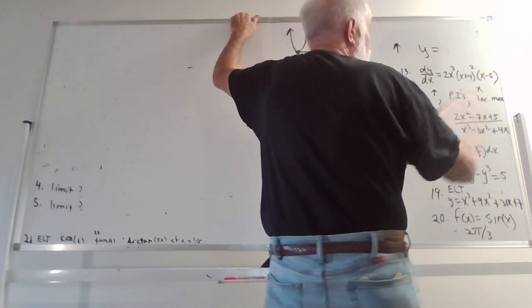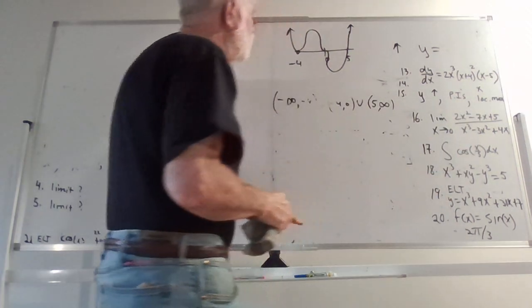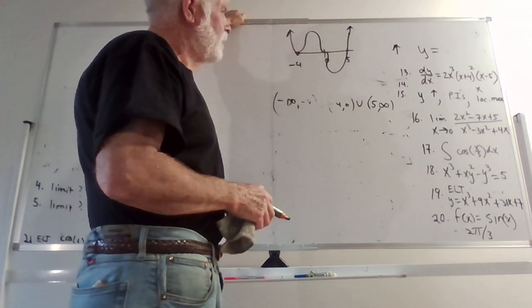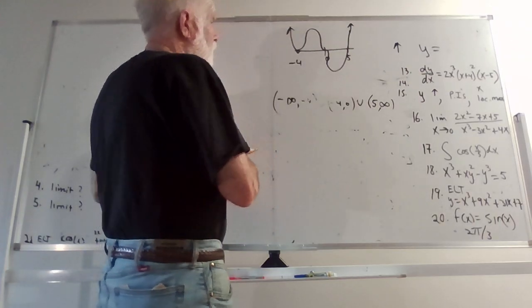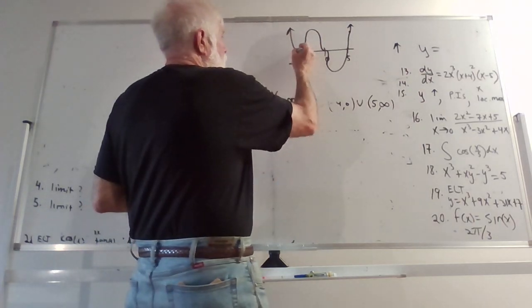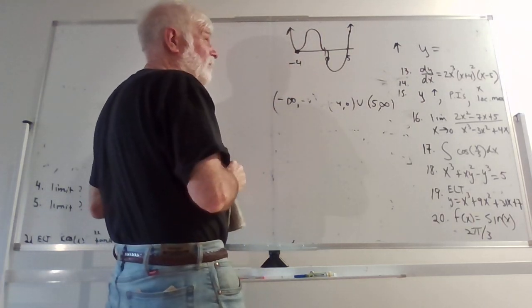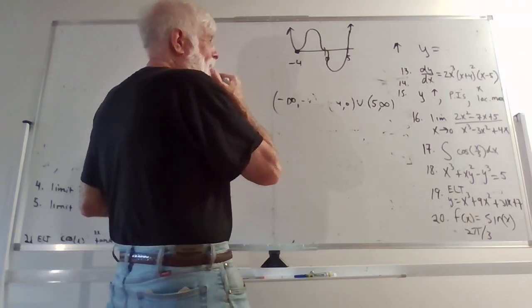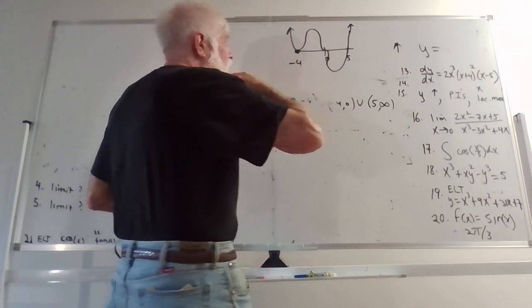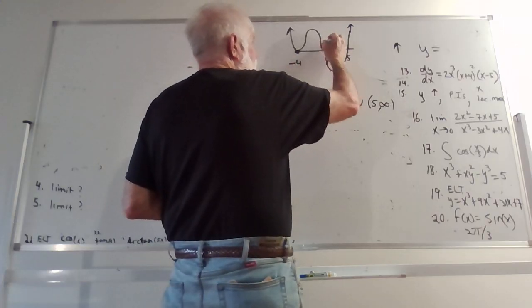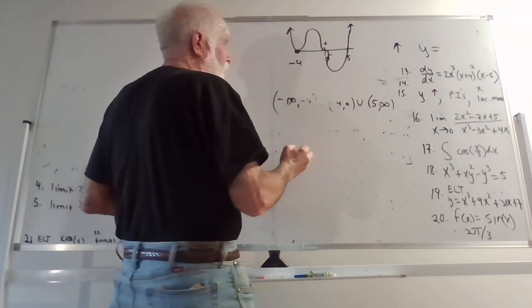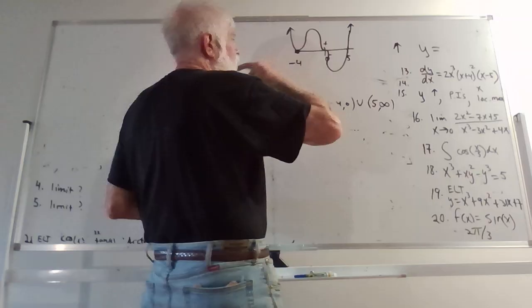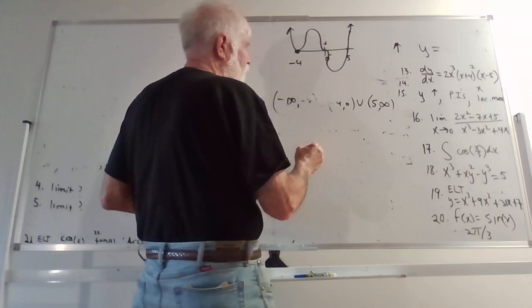Oh, I did ask, local max. Where will we get local maxes and mins if that's the first derivative? Well, it's 0 there, but it never changes sign, so we're not going to get any local mins there. But here we go from positive to negative slopes, from positive, and it's decreasing, so it's concave down.